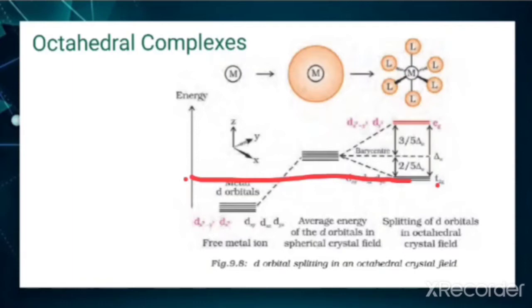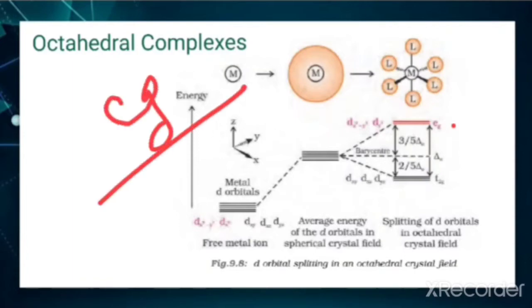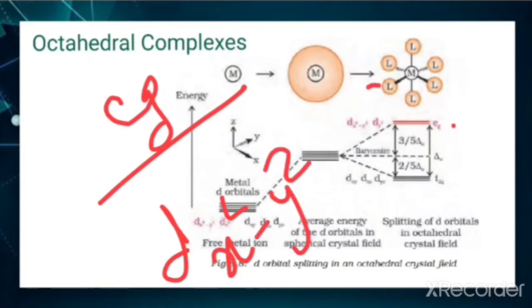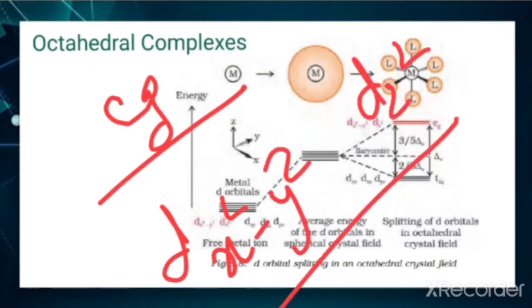So they have lower energy in the case of an octahedral complex, but the other set of d orbitals, that is represented as the Eg set, has the orbitals dx square minus y square and dz square. For these orbitals, the orientation of the dumbbell is along the axis.